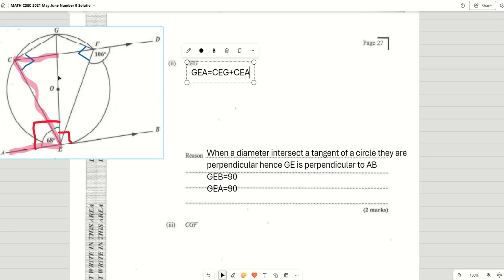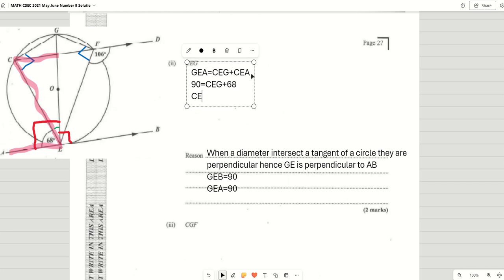CEG, the green angle here, plus CEA, which is 68, is equal to 90 degrees. Let's put in our values: 90 is equal to CEG, which is what we're trying to find, plus 68.